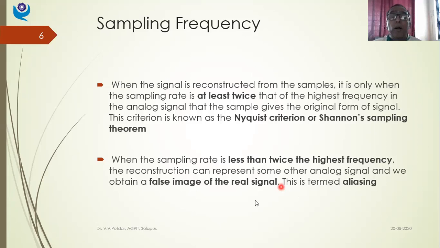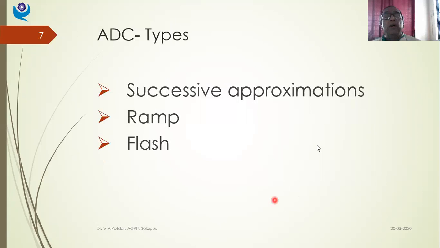This is the importance of selecting appropriate sampling frequency. So sampling frequency should be selected as per Nyquist criteria or Shannon's criteria. What he said? The sampling frequency should be at least twice that of the analog signal frequency.